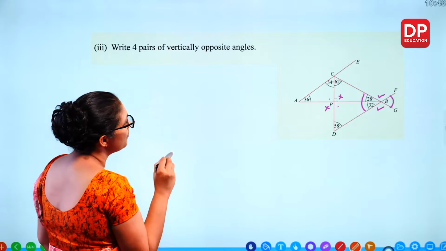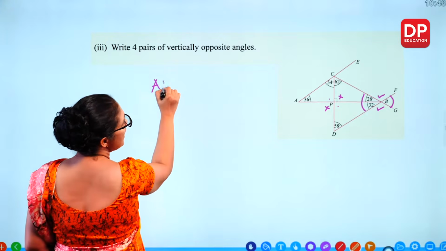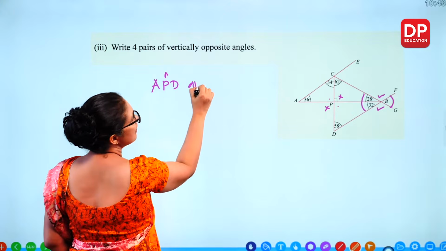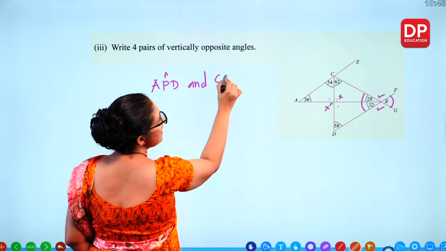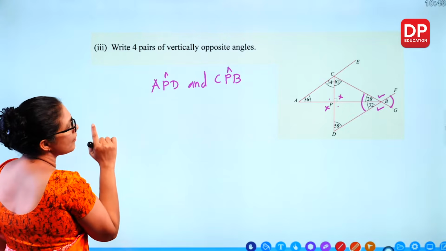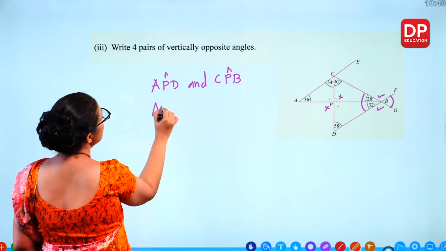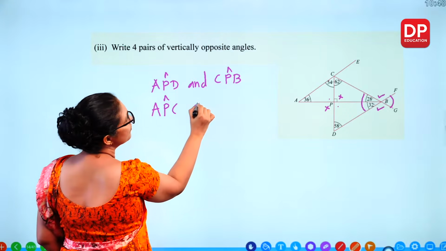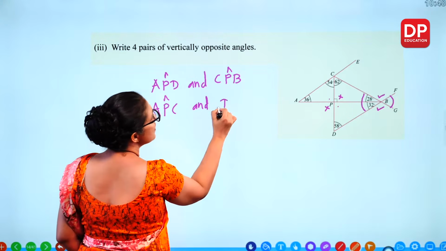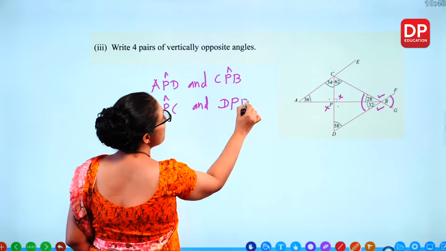So we'll write down APD angle and CPB angle. APC angle with DPB angle.